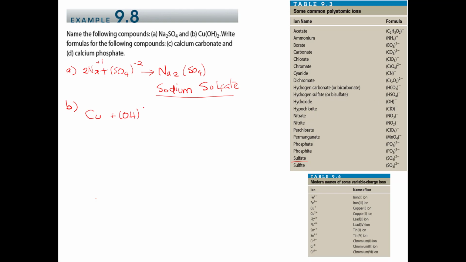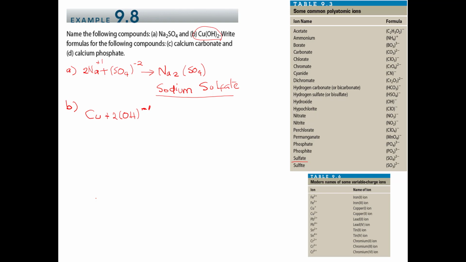We'll write here -1. Now we know, according to the formula, we need 2 hydroxides to form the group, because that is what we had in the formula.